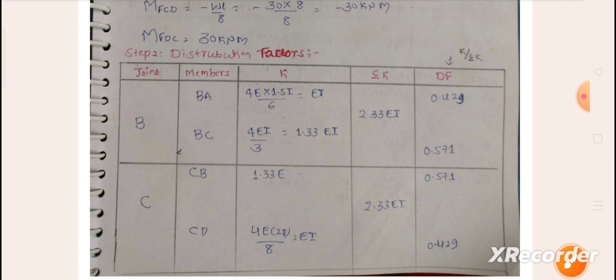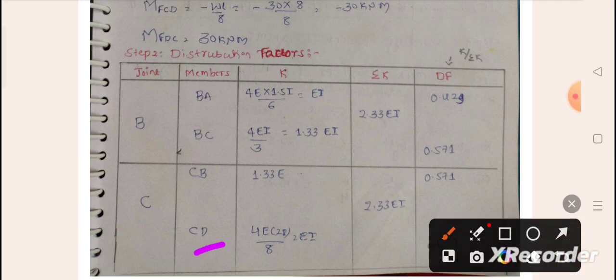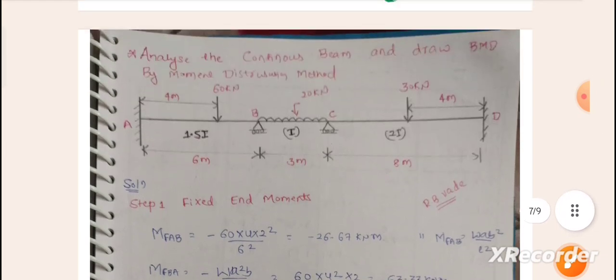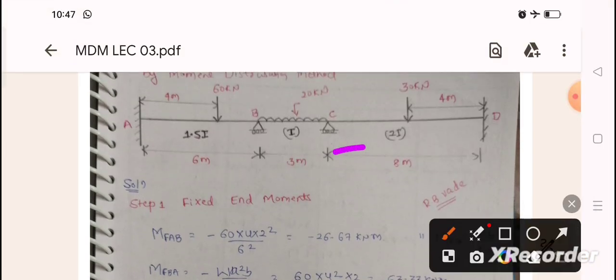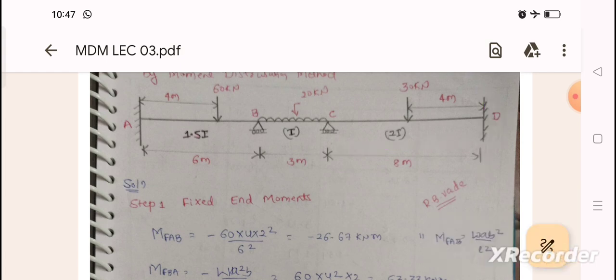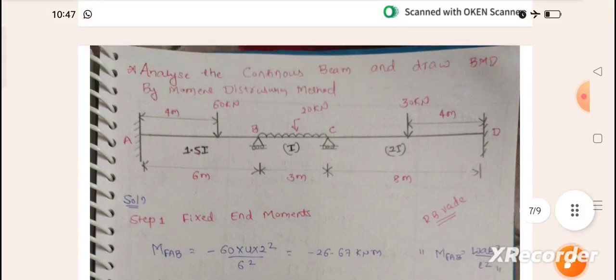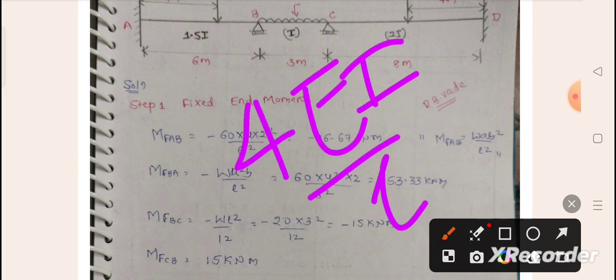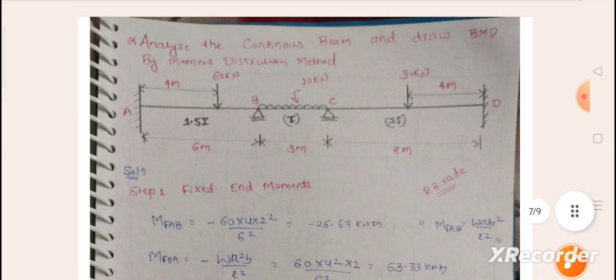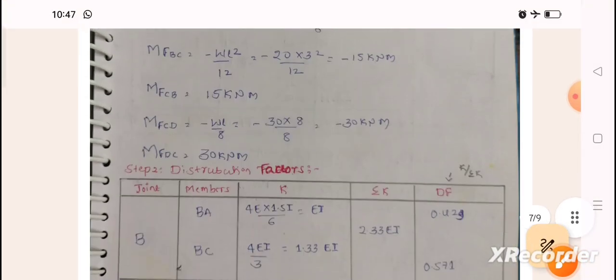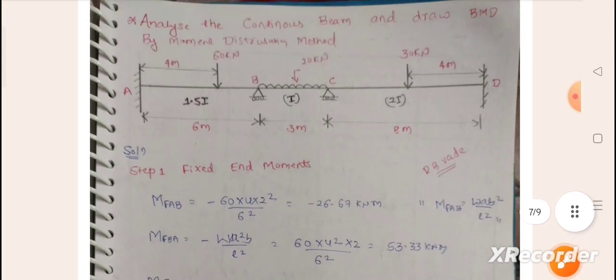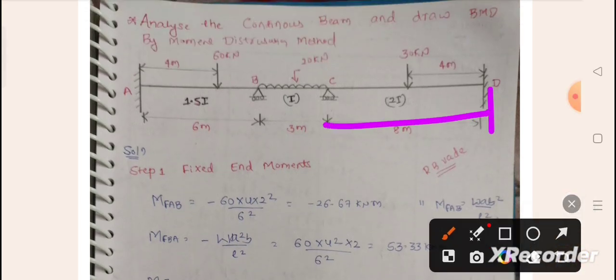Next, this part is CD. If you go to CD in this diagram, the far end is again fixed. Fixed means you have to remember, if the far end is fixed, then you are supposed to take 4EI by L. For the CD span, what is the value of I?